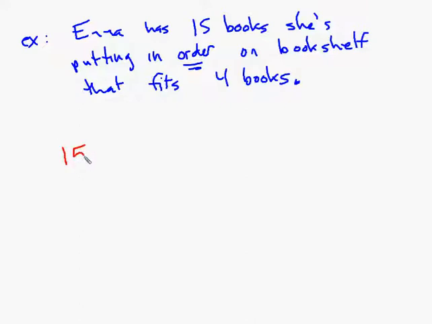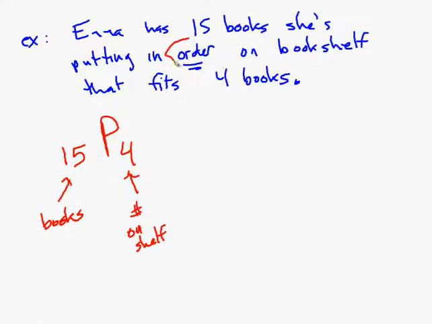So she has 15 possible books, right? This is the books that she has. And 4 of them get to go on the bookshelf. So this is the number on the shelf. Now, we're saying order matters here because she's putting them in some sort of order.